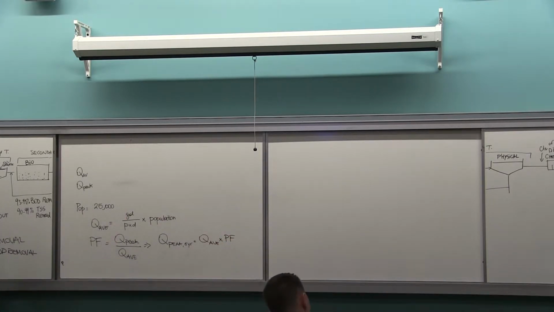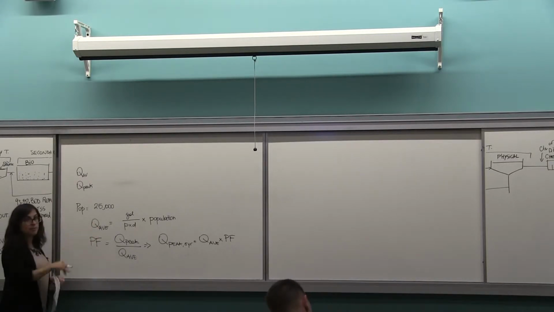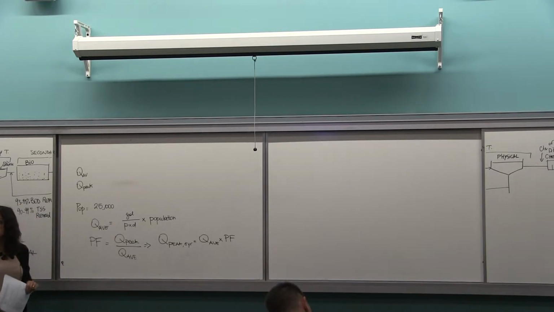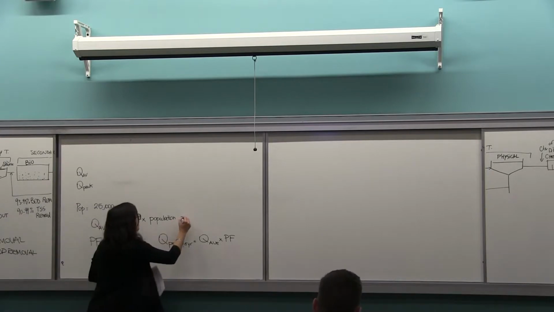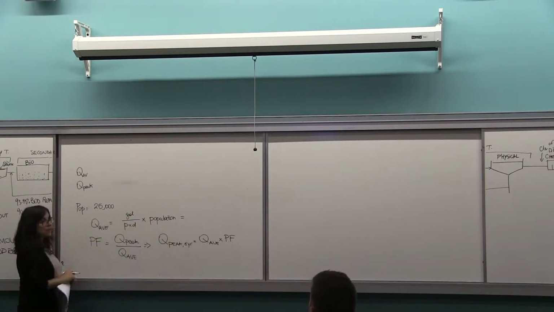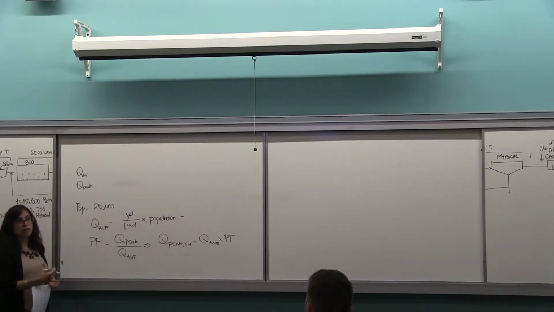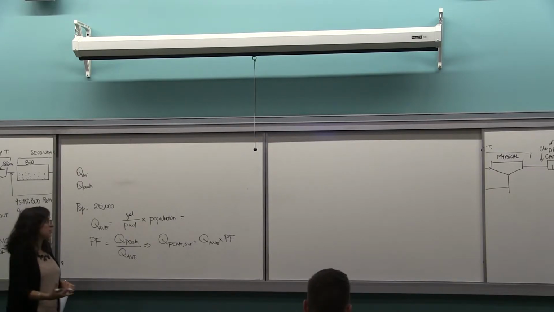All right? Now we need to determine the population at 5 years and the water demand at 5 years based on the information provided. So in our case, the population now is 25,000. We have an increase of 15%.